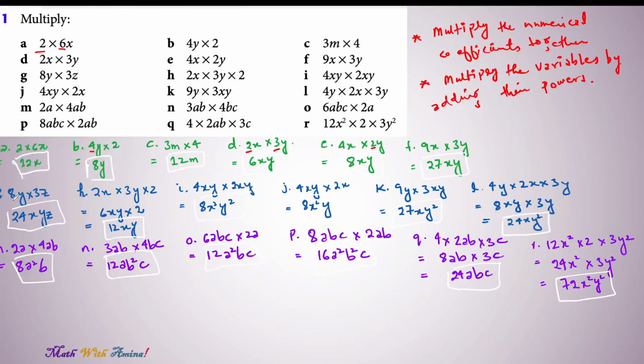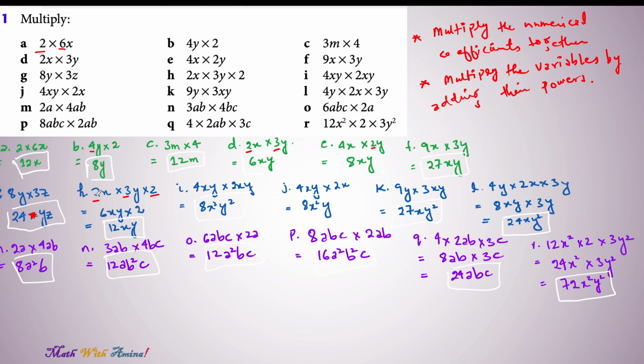Then next we are having 8y multiplied by 3z. So 8 multiplied by 3 is equal to 24, and it would become, sorry, this x is written by mistake, so it would become 24yz. 2x multiplied by 3y multiplied by 2. So this coefficient and this constant will get multiplied with each other.